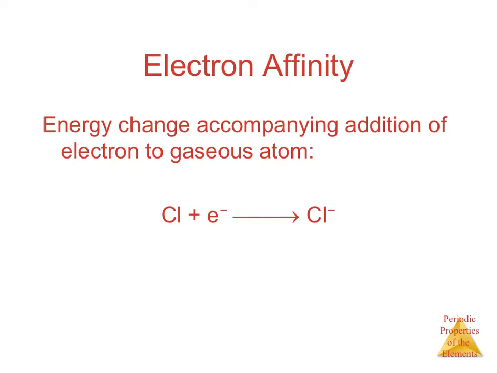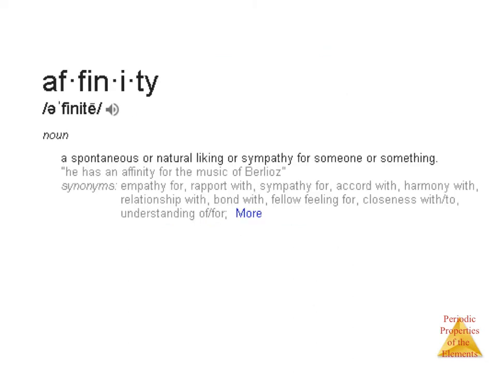Okay, so electron affinity is defined as the energy change accompanying the addition of an electron to a gaseous atom. So here I have a chlorine atom, add an electron, and I end up with the chlorine anion. If we look up the definition of affinity, it says a spontaneous or natural liking or sympathy.